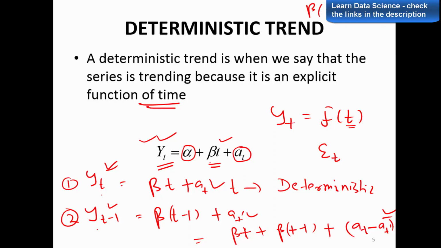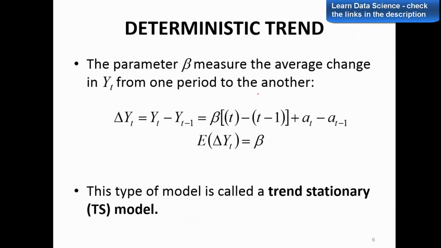If you take beta as common, inside you get t minus t minus 1. We made a mistake here, so this has to be a negative. So t and t will cancel, and what we have is just beta.